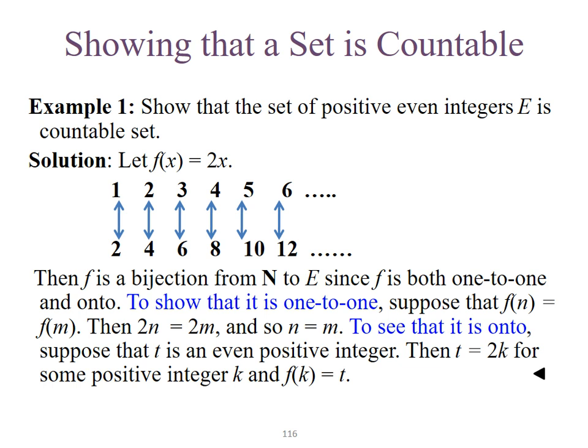And then we need to prove it's also onto. You can choose an arbitrary element from the set. So you can write t equals 2k because we have even integers. By the definition of even integers, you can write the number as 2k. So that means we have some positive integer k that maps to t.